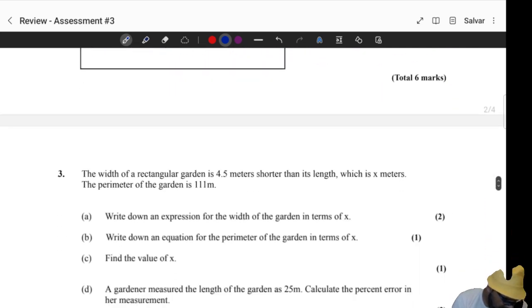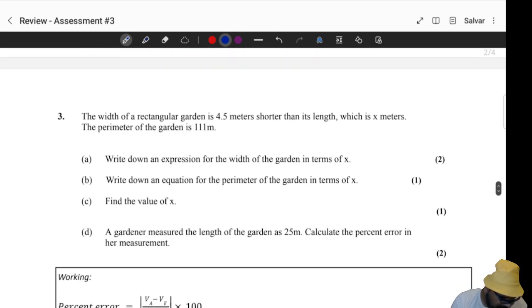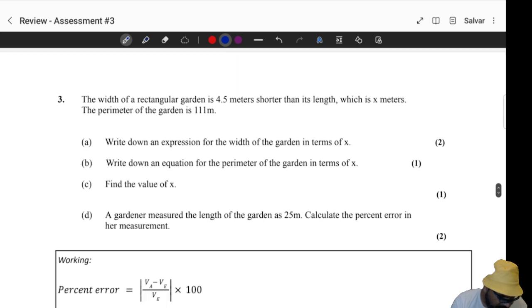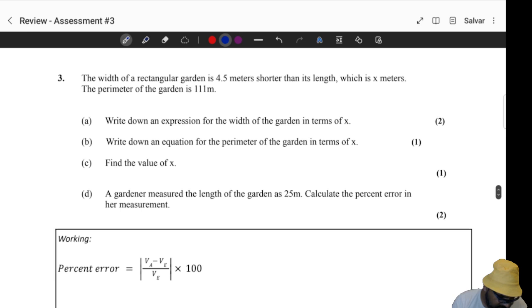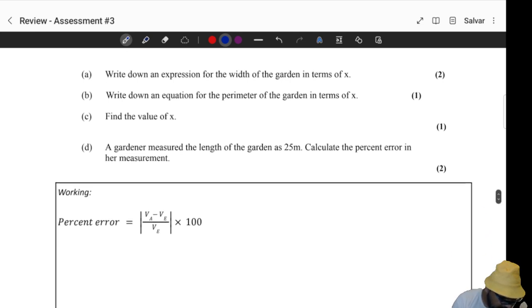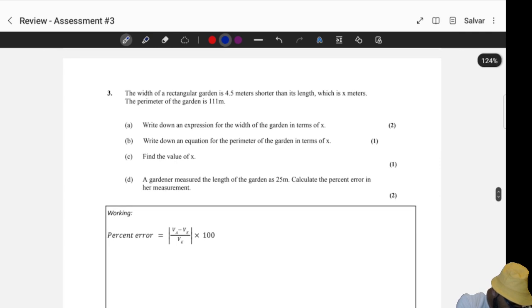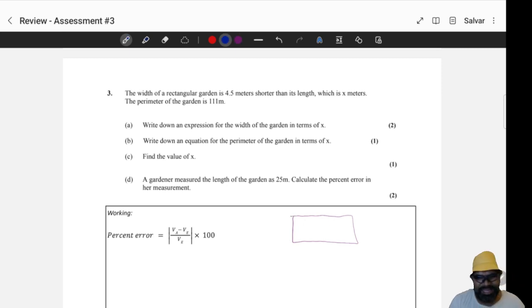Question 3. The width of a rectangular garden is 4.5 meters shorter than its length, which is x meters. The perimeter of the garden is 111 meters. Guys, the first thing to do here, as I told you, is draw a rectangle, and the long side we call x.